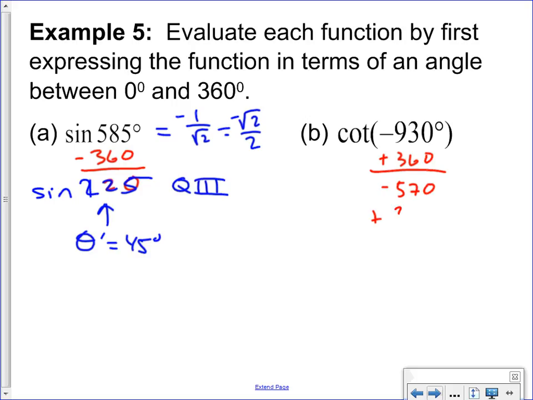Good. Plus 360. Negative 210 plus 360. 150. Very good. So that is coterminal to 150.